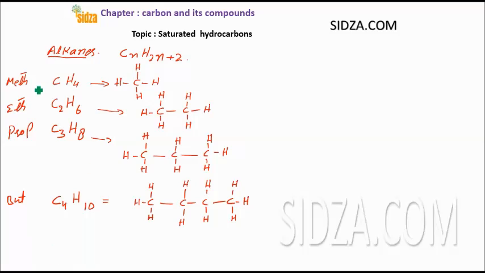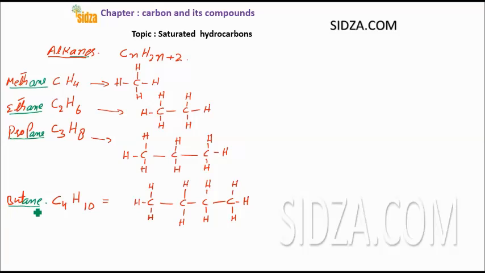Since it's an alkane class, I am going to use ane, so it will be methane. This is ethane for the C2 compound. For C3 it is propane. This ane represents that the hydrocarbon belongs to the alkane category, right? So the names are methane, ethane, propane, and now this will be butane.